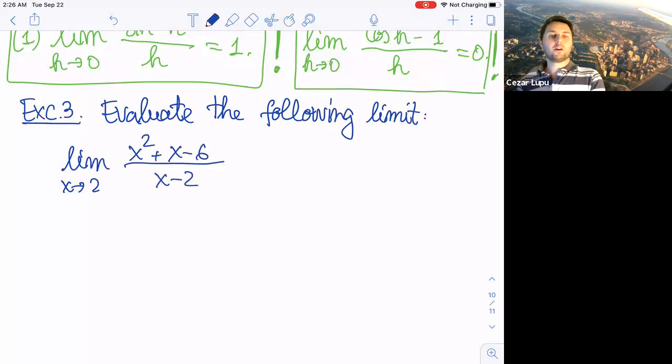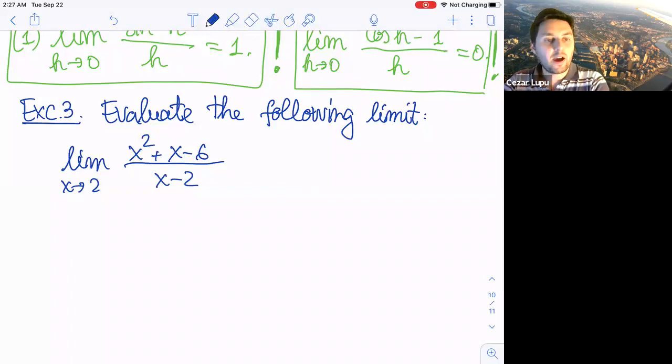As you can see here, I have a fraction, right? The top is a quadratic function, the bottom is a linear function. Both of them are polynomial functions, of degree 2 and degree 1. And now let's see what happens.